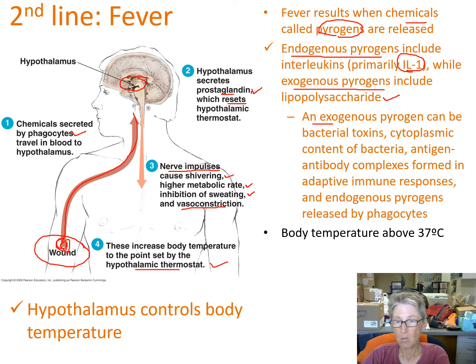So an exogenous pyrogen like LPS can be a bacterial toxin. It could be the cytoplasmic content of bacteria. It could be antigen-antibody complexes. And then also, we talked about this already, endogenous pyrogens are released by phagocytes here at the wound site.